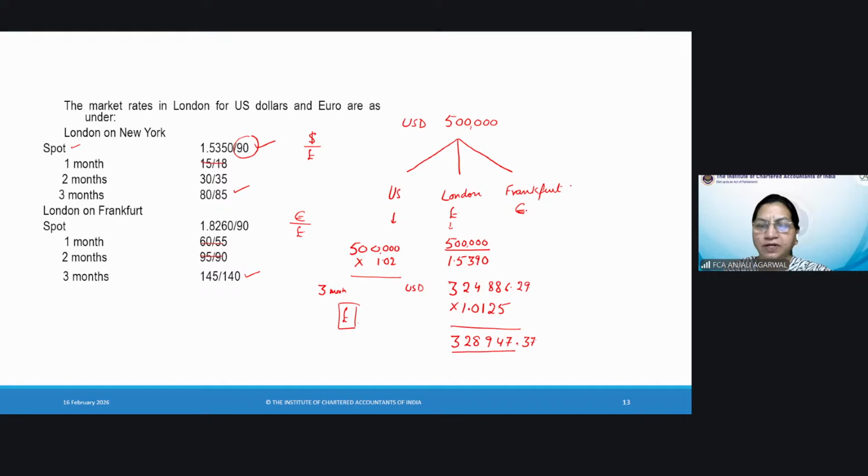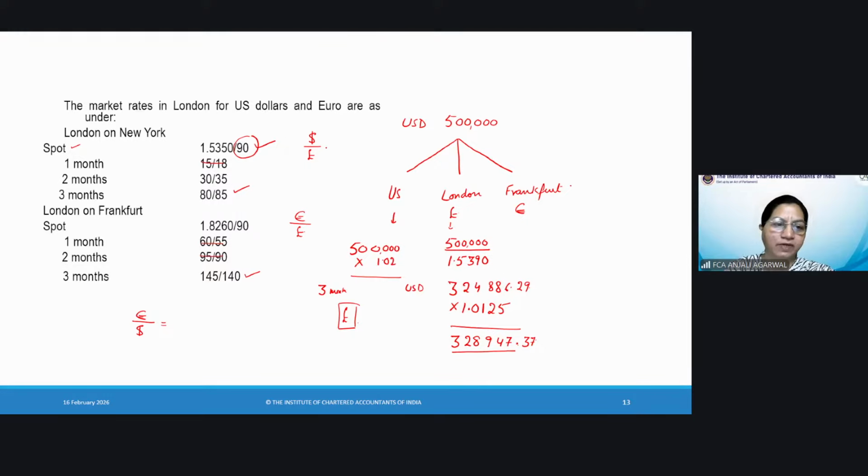And if you convert it into Frankfurt, now dollar against euro is not directly available, so you will use the cross currency rates. So we need euro by dollar. And what do we have? Dollar by pound and euro by pound.